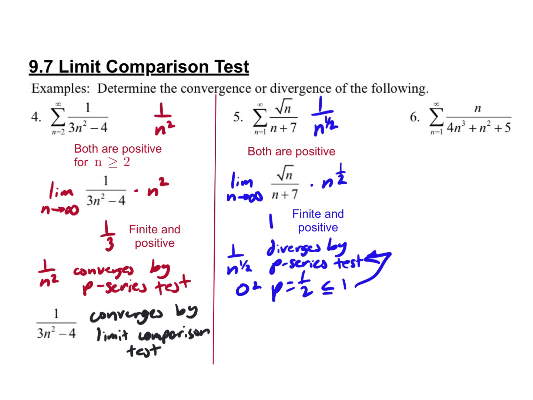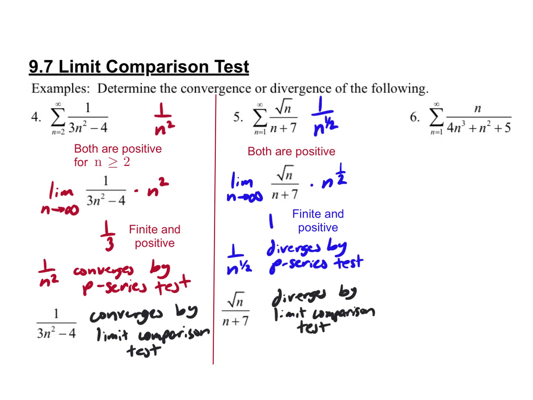When you get to the exam, you should absolutely write it. More correct justification is going to improve your chances of earning all the points on a free response. So since that diverges, our original problem diverges, by limit comparison.